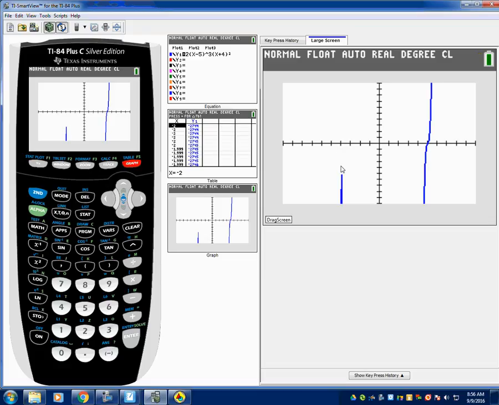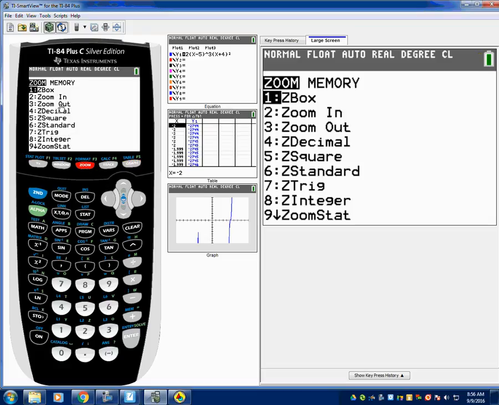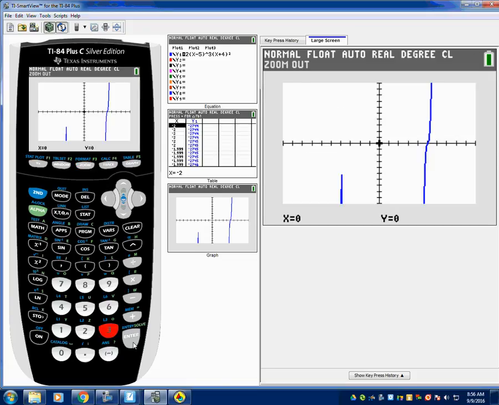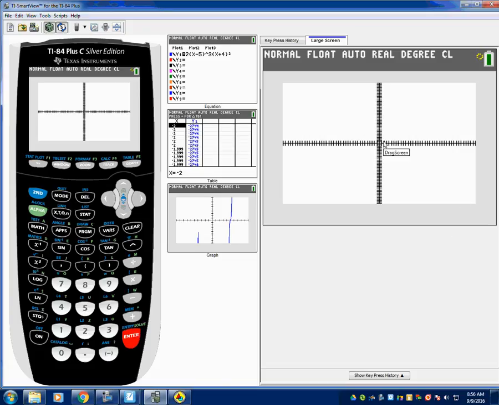You know what's happening over here? It gets so vertical that it's not handling it very well. Let's see if I back it up a little bit. I think it's frozen. Well, it's frozen.